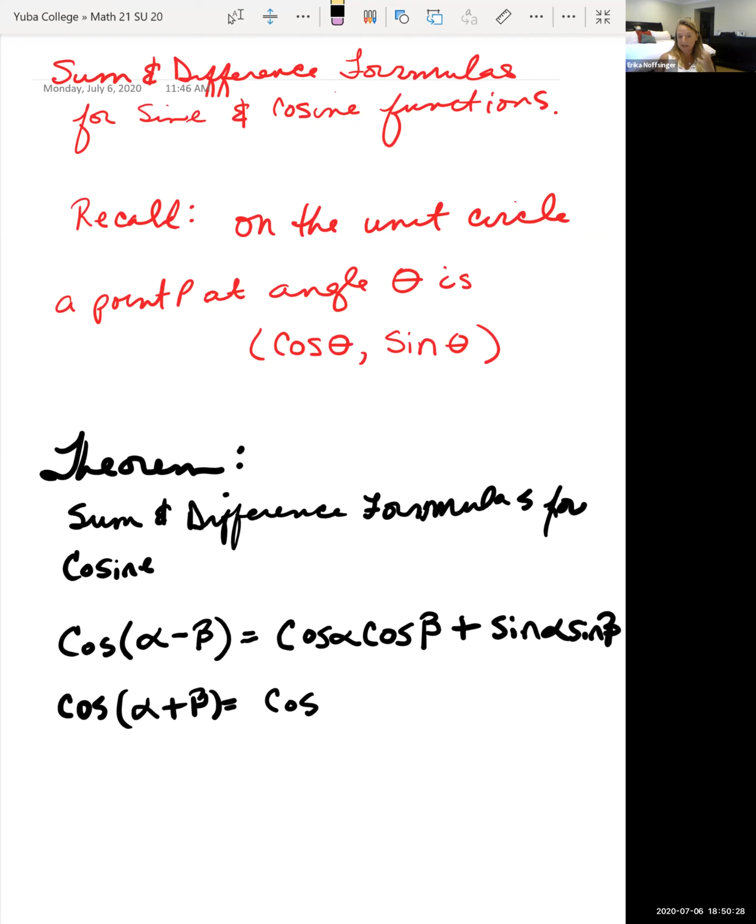I will be saying this all the time: cosine is cosine, cosine, sine, sine. You just have to remember that it's the opposite sign in between. This was a difference of two angles, so we have a plus here. This is a sum of two angles, so I'm going to have a minus here. So cosine of alpha plus beta is cosine alpha, cosine beta, opposite sign, minus sine alpha, sine beta.